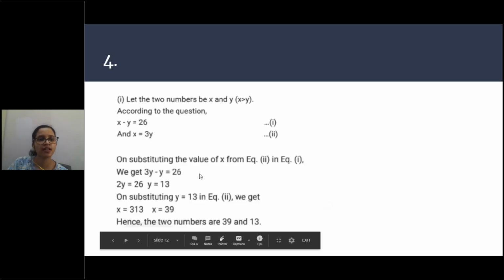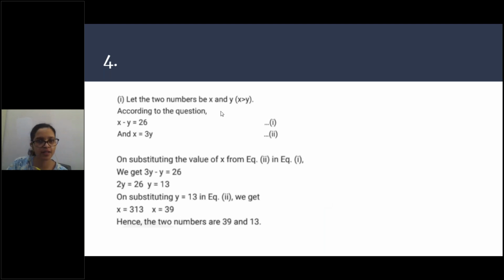You consider two numbers to be x and y. x is greater than y in this case. According to the question, x minus y is 26. The first sentence says the difference between the two numbers is 26. That's how you get x minus y equals 26. The second statement says one number is 3 times that of the other, so you get x is equal to 3y. Now simple substitution method.